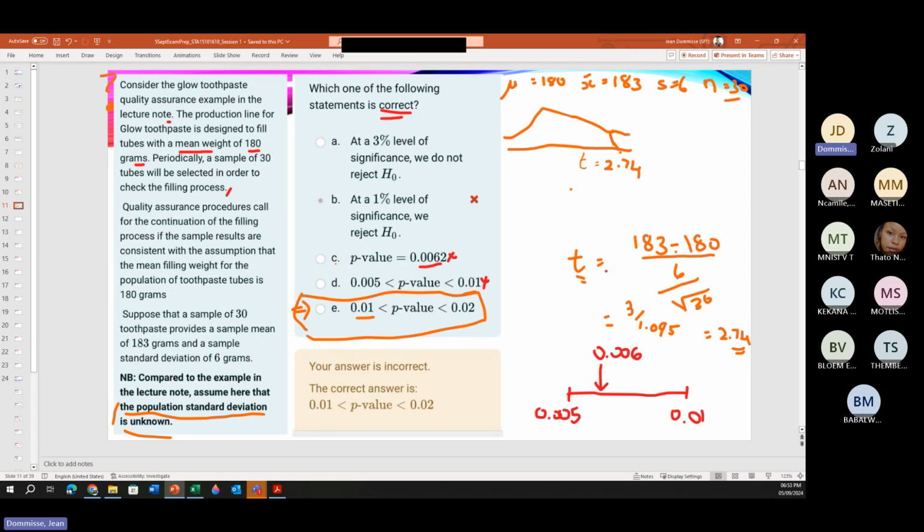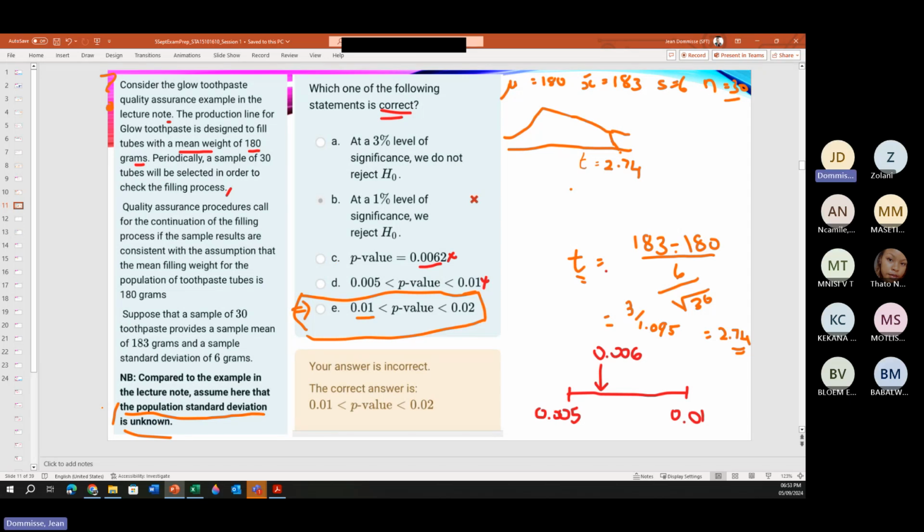It's different if it was for population standard deviation where it is known, because then it would have been a Z. With a Z, you would have actually gotten that p-value, but then again, that is exactly the same. So quite interesting, this one.